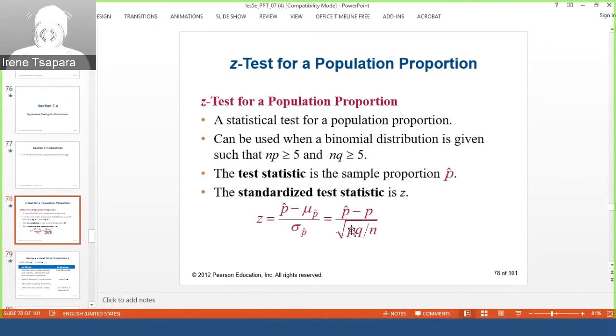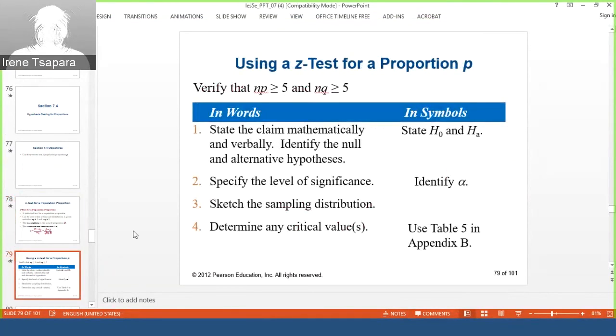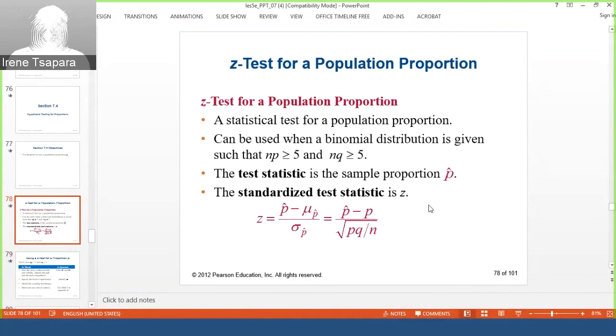You get this formula where the p hat is going to be the point estimate for your sample minus the hypothesized proportion for the population, divided by the square root of PQ divided by N. Remember that the square root of that is nothing else than the standard deviation of proportion. And the only thing that differs every time that you decide to run a test for a different parameter is the formula that gives you the z-score or the t-score. And that's it.